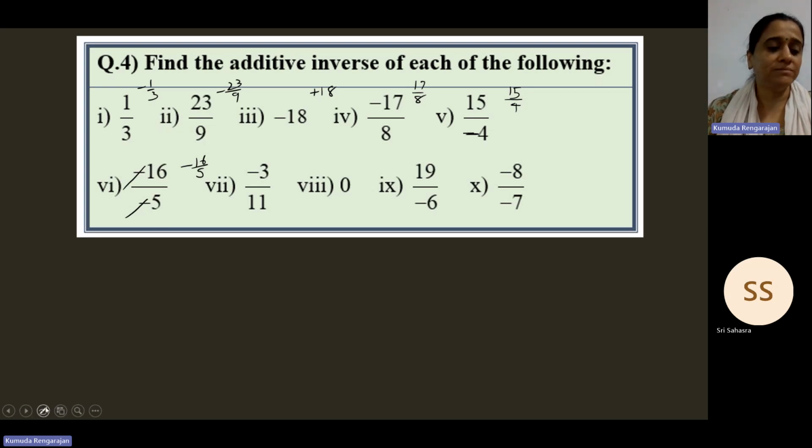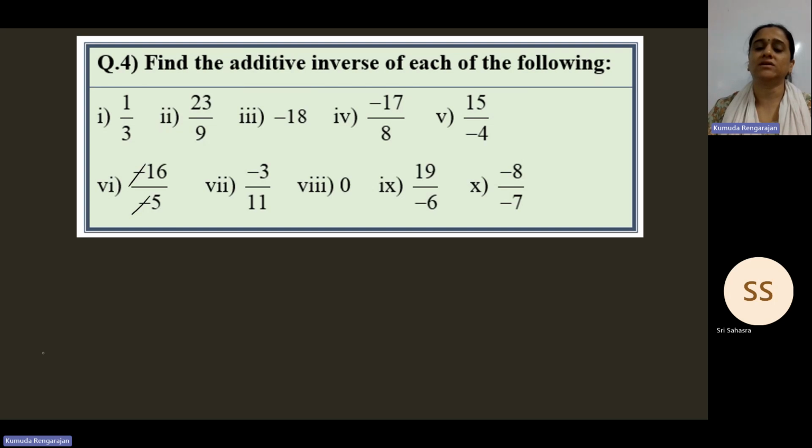In this number, you can cancel the signs. So the number is only 16 by 5. Minus and minus gets cancelled.